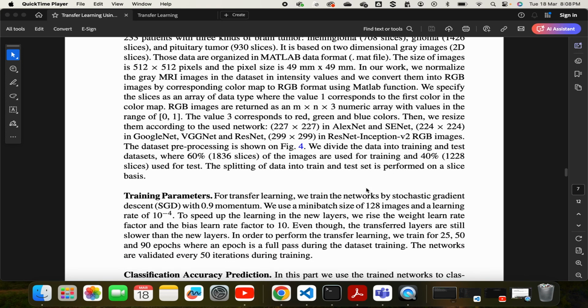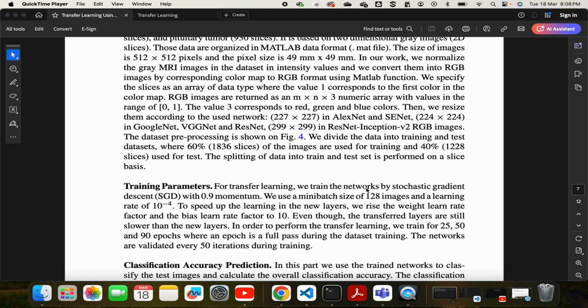To prepare the dataset for model training, the images were normalized to have pixel intensity between 0 and 1. Then the dataset was divided into training and testing, 60 and 40% respectively, ensuring a fair evaluation of model performance.